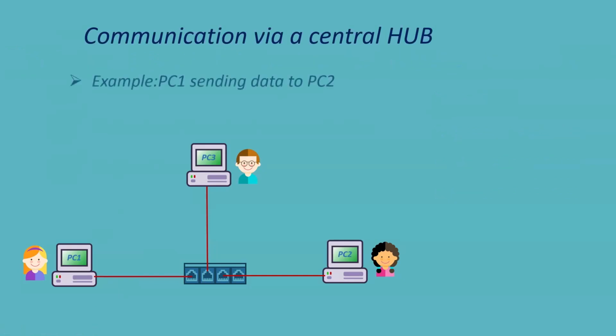For example, PC1 wants to send data to PC2. This is how it would happen. And if PC1 wants to send data to PC3, again via the hub, it will happen. Moving on to what exactly a hub looks like and how it behaves, let's move on to that.